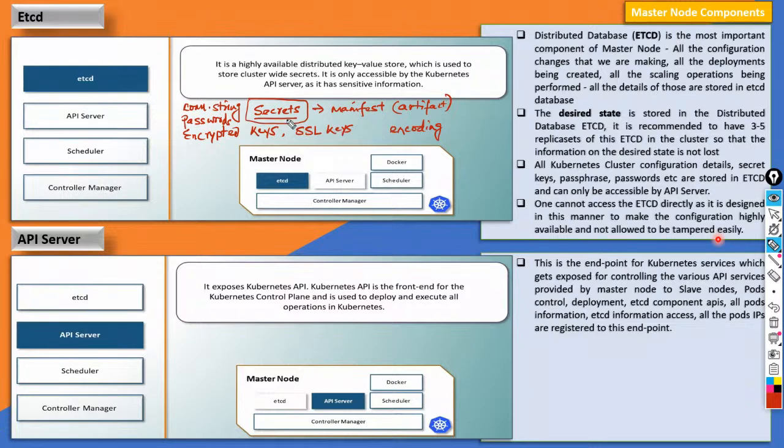Those will be stored in a secret file, and that secret manifest file will be maintained only on the master. Other than the API server, nobody can have access to the secret. Nobody has access to the secret.